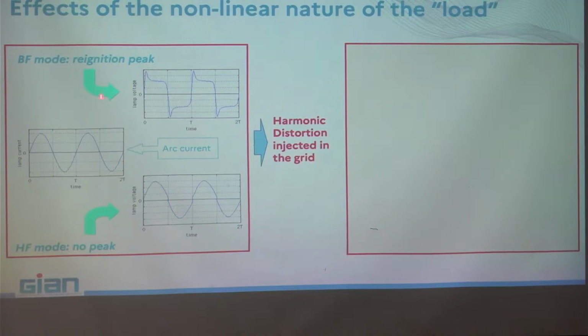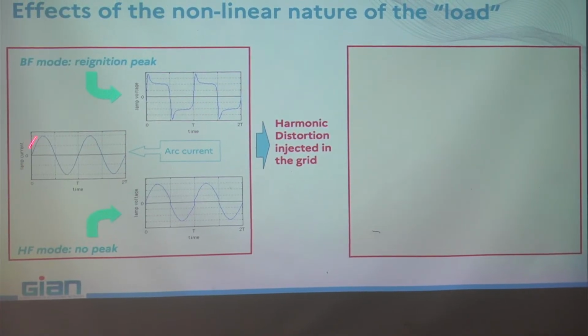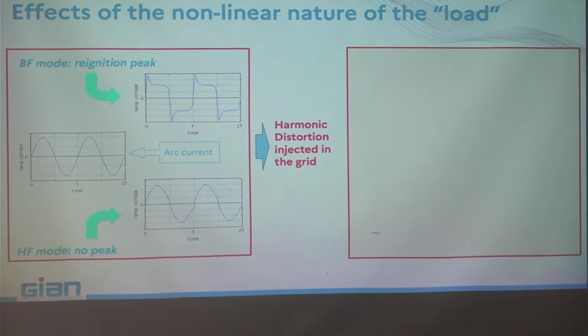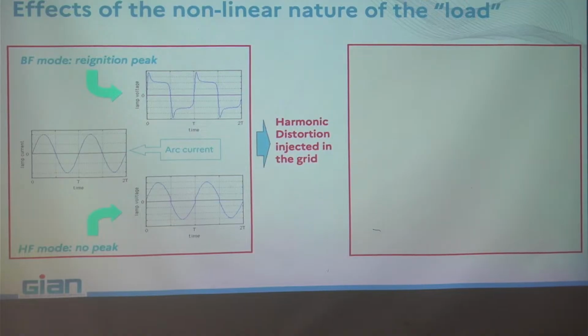You see this is the supply current, AC. Whatever the value here, it could be a few hundred milliamps for fluorescent lamps, and up to several amps for high pressure lamps. It depends on the power.